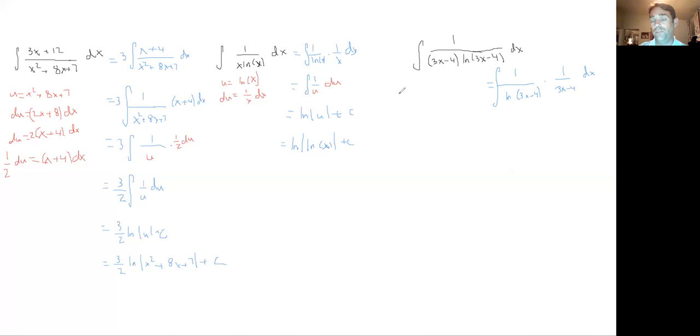So now you can hopefully see the u there. So let's make the u 3x minus 4. And if we do our du, do our differential, we have 3 dx. And if we divide that 3 to the other side, you get 1/3 du equals 3x minus 4 dx. And again, there is our differential.